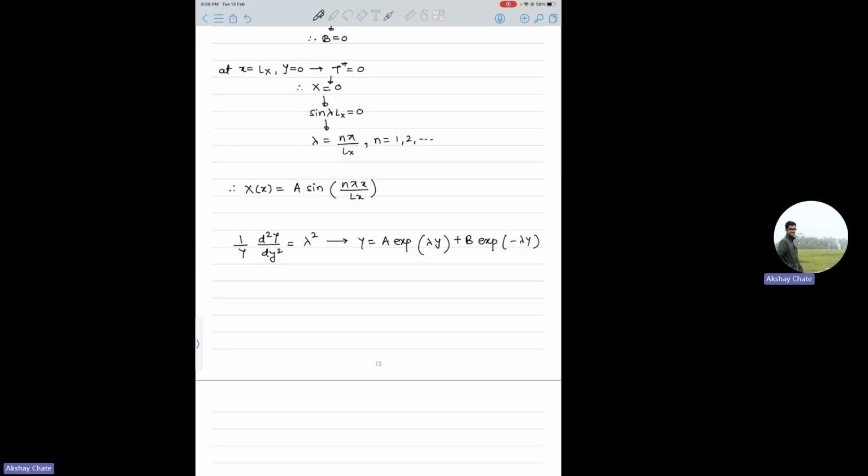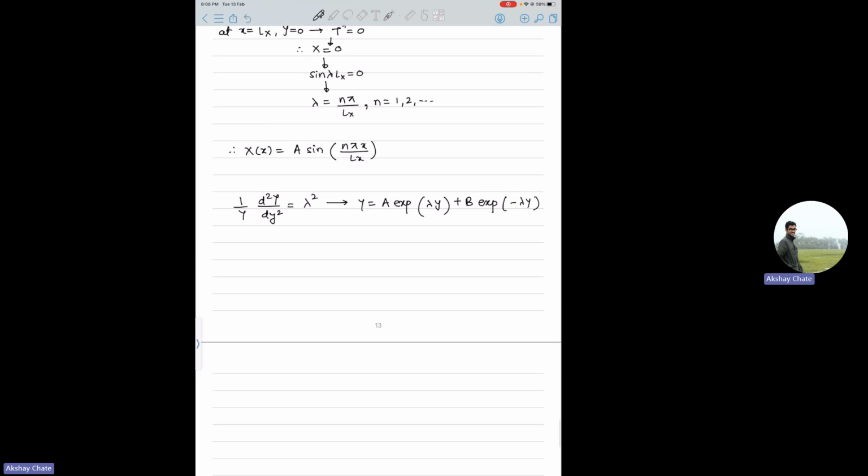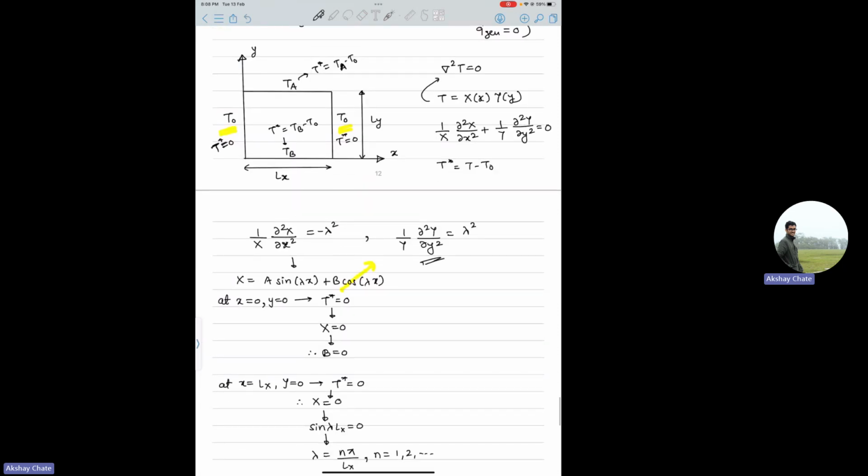Now here you have to put boundary conditions, but before that you write the whole expression for T star.